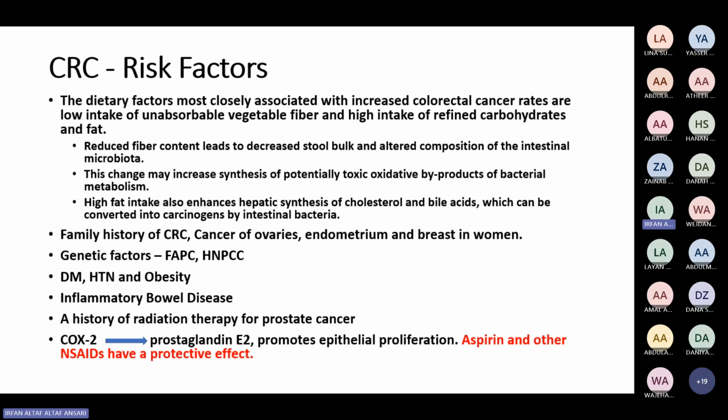So if you can identify any person who is at high risk of development of colorectal carcinoma, you can give them aspirin as a prophylaxis to reduce the risk. So here you understood well about the risk factors and their association with colorectal carcinoma.